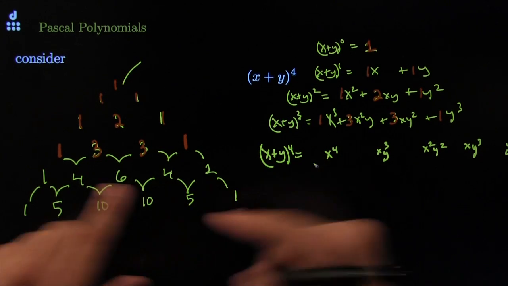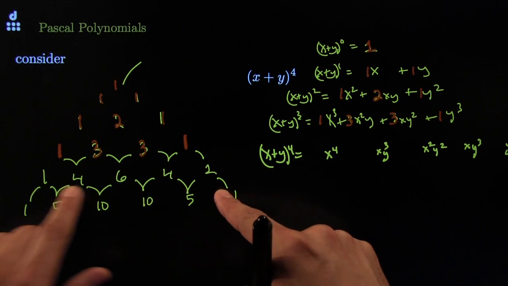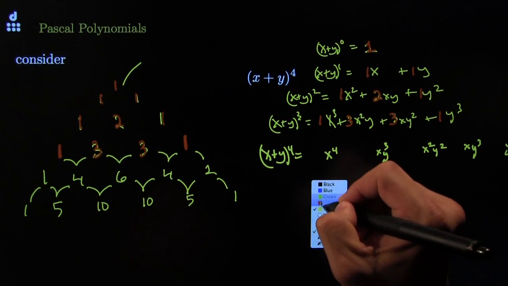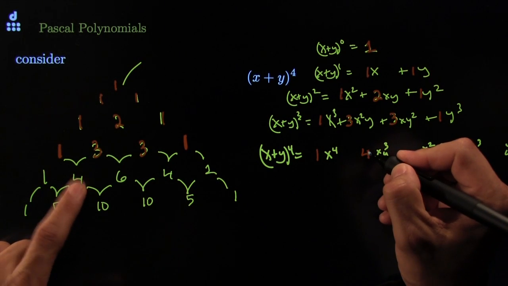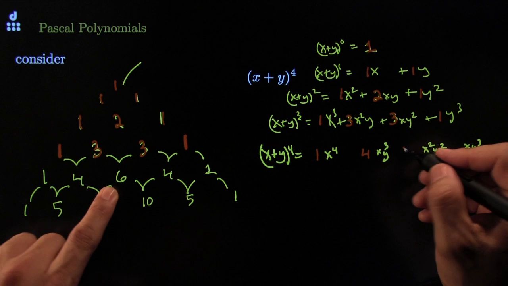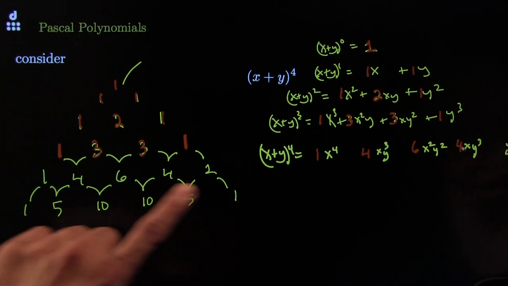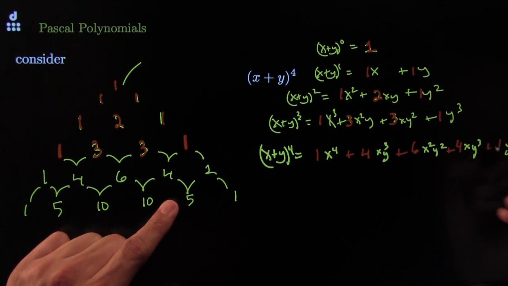And the coefficients you get from the fourth row, the row that has a 4. So this would become, let's do it in red again to be consistent, 1 x to the fourth, 4 x cubed y, 6 of these, 4 of these, and 1 of those. And that, my friends, is how you do Pascal's triangle.